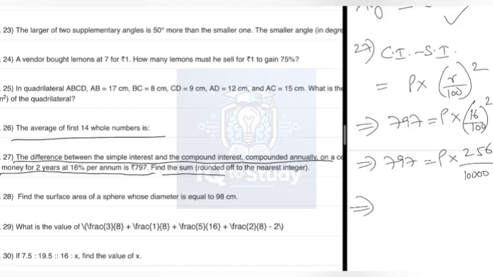That implies P is equal to 797 into 10,000 divided by 256. So the principal is equal to 31,133 rupees.